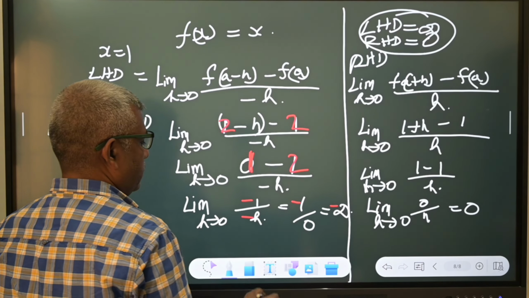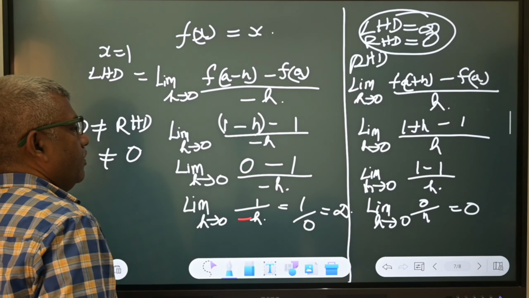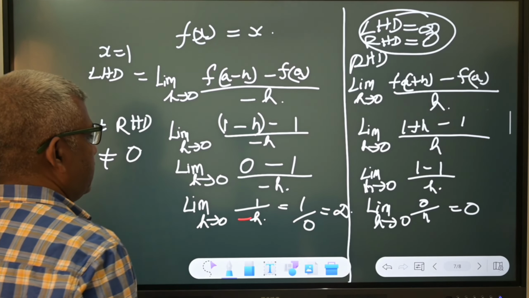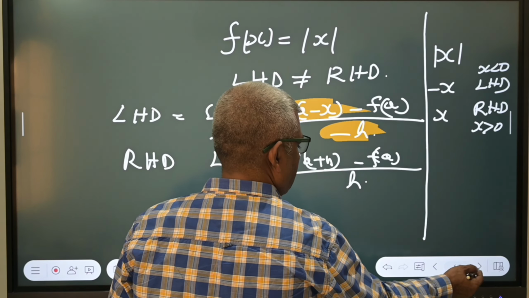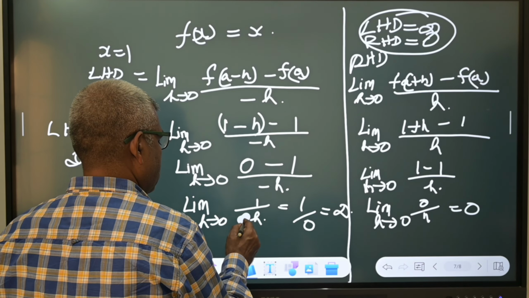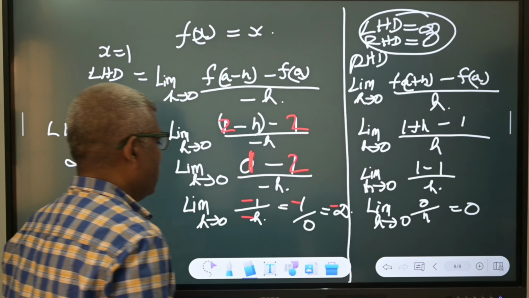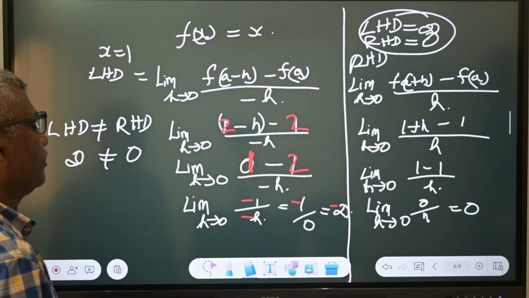Okay. In the previous case, here it is minus 1 minus 2, which is minus 1.